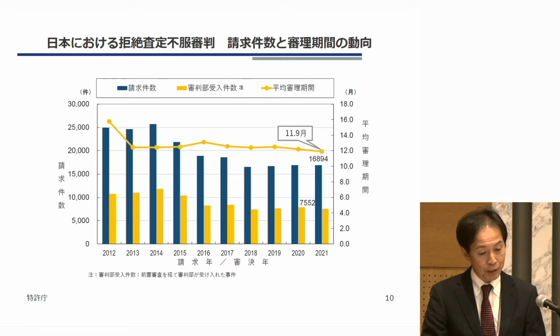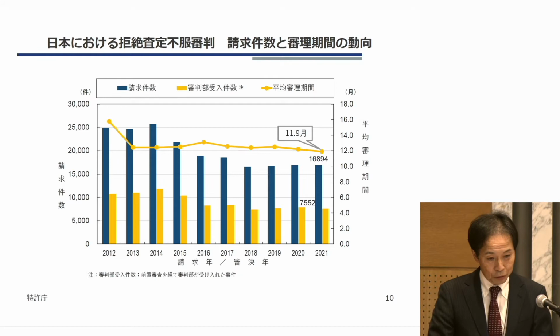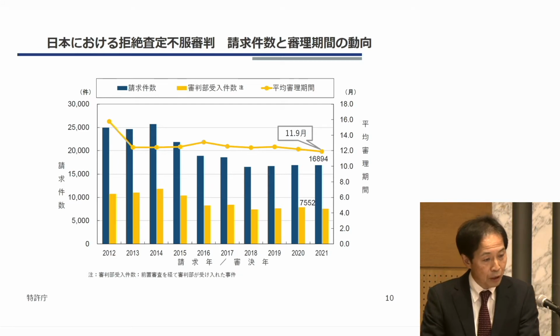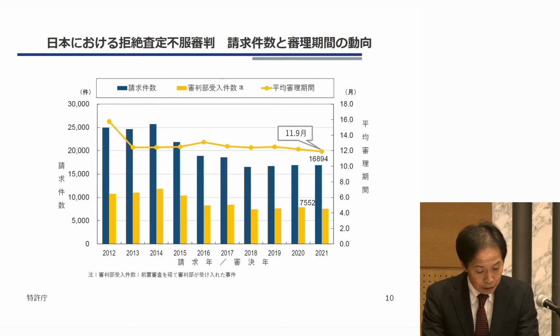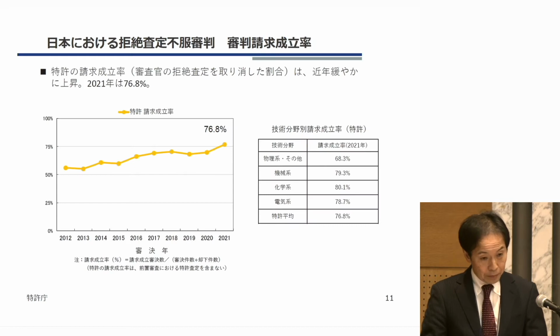So obviously you can see the difference between the yellow and the blue bars is the number of cases that are accepted and not accepted. And you can see that the pendency time is about 11.9 months, which has remained flat for the recent period of time.